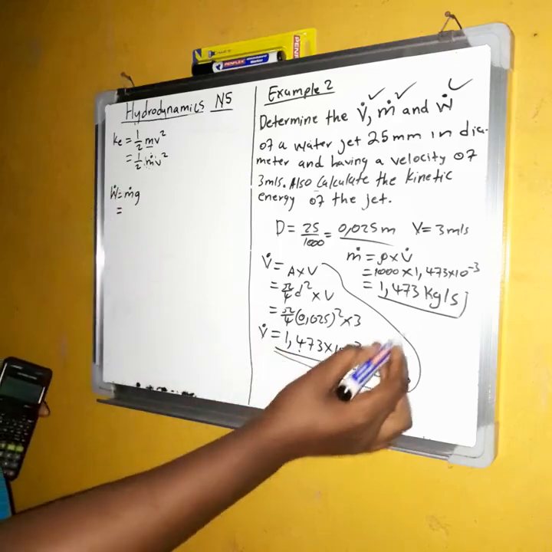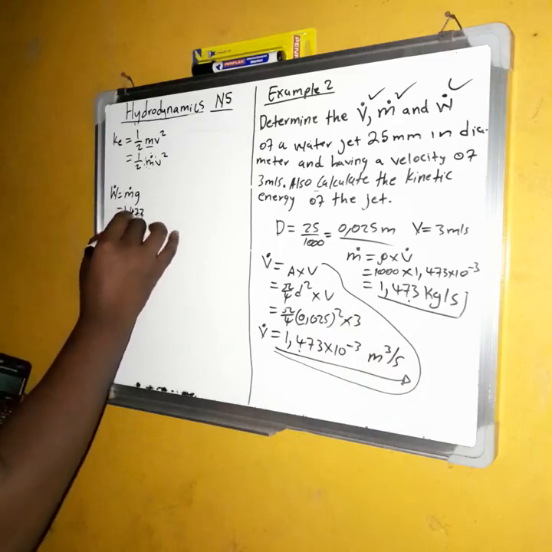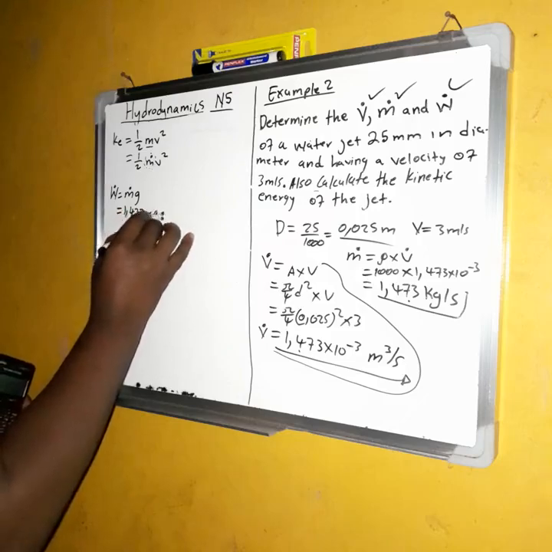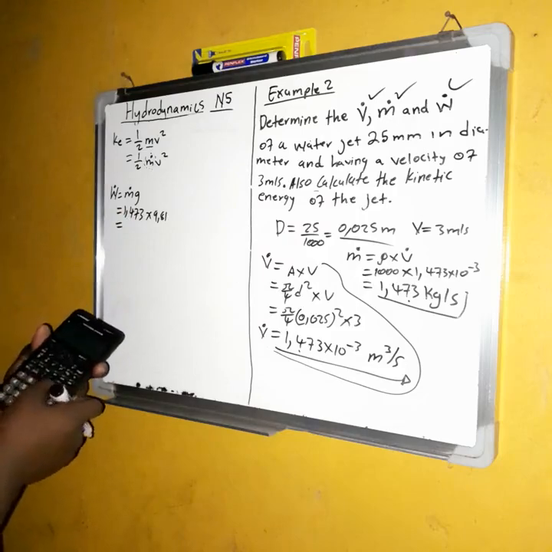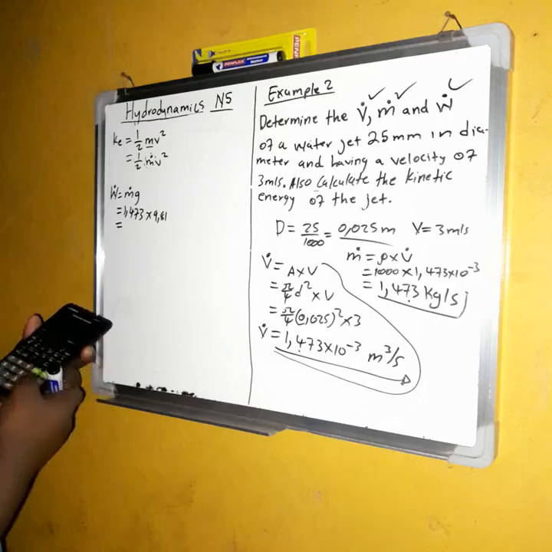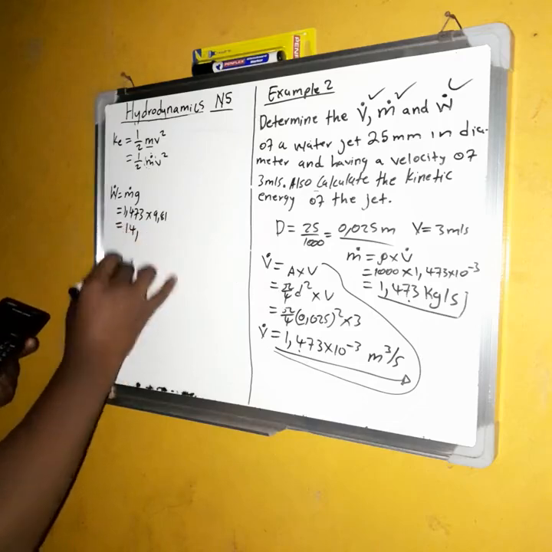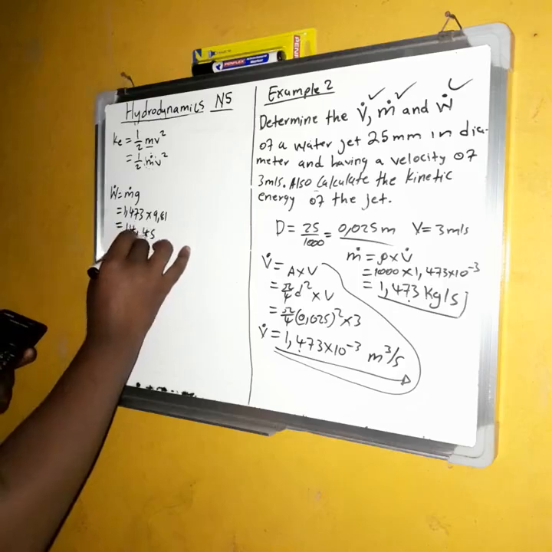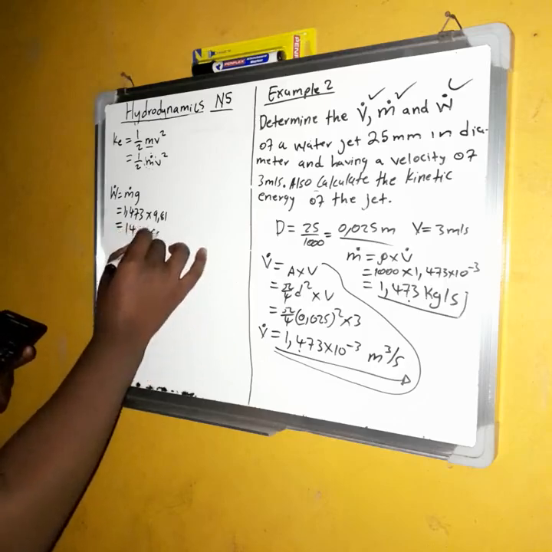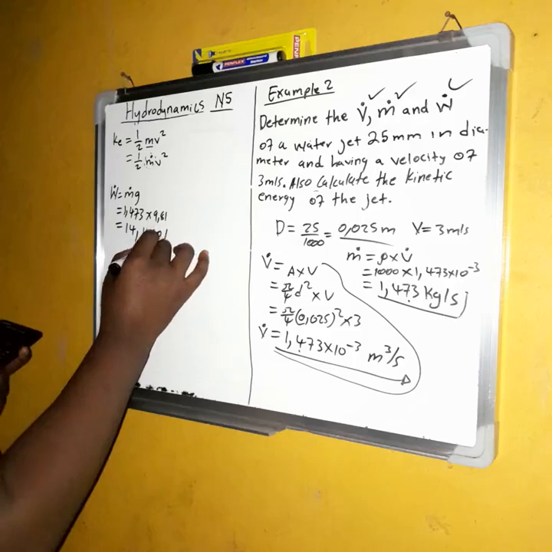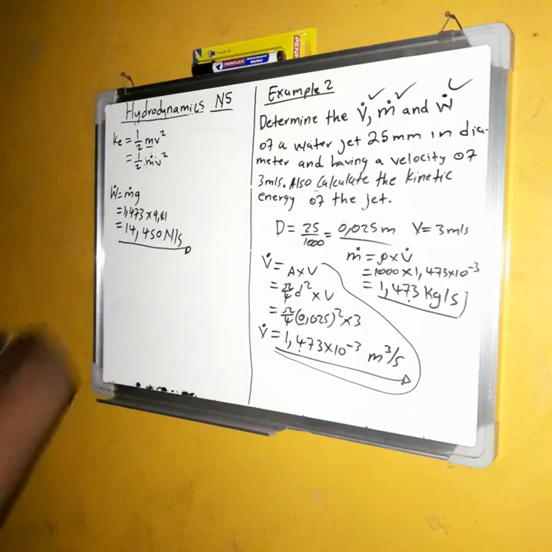The flowing mass is 1.473 multiplied by 9.81, which gives 14.45, measured in newtons per second. Right, we have this now.